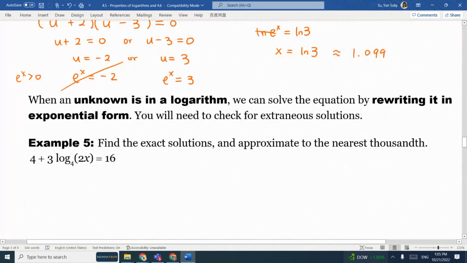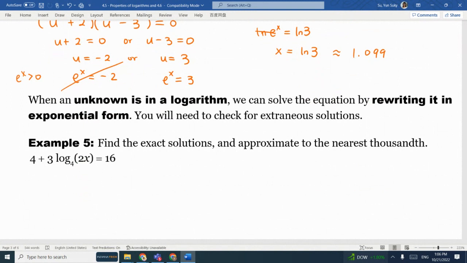Now, when an unknown is in a log, we can solve the equation by rewriting it in the exponential form. You need to check for the solutions. Remember our domain. When we have square roots, we require the things in the square root to be greater or equal to 0, right?